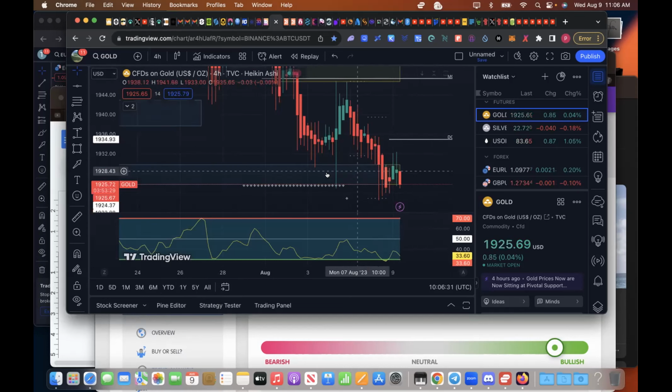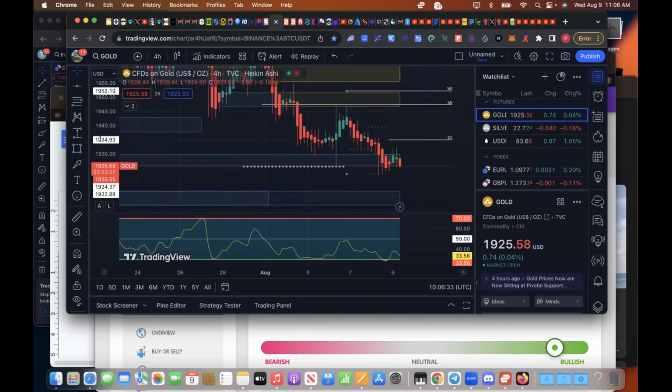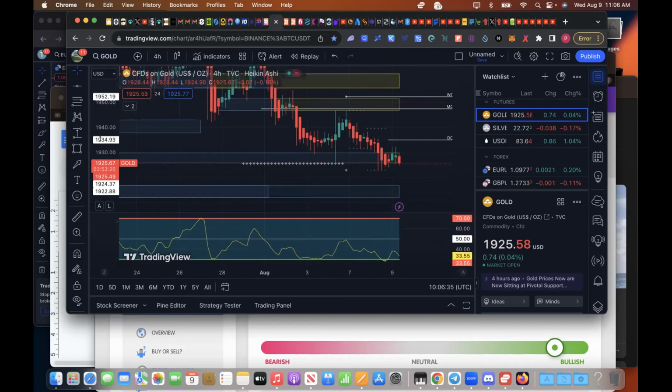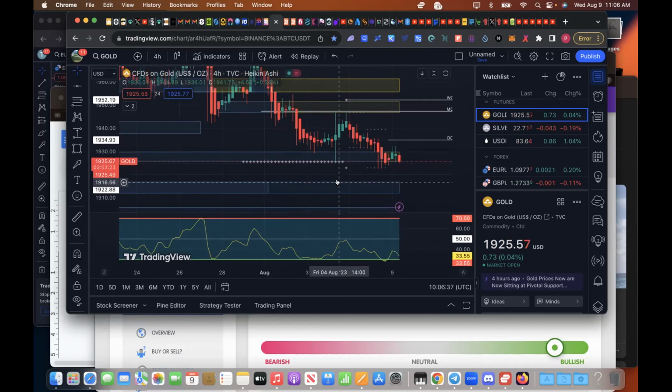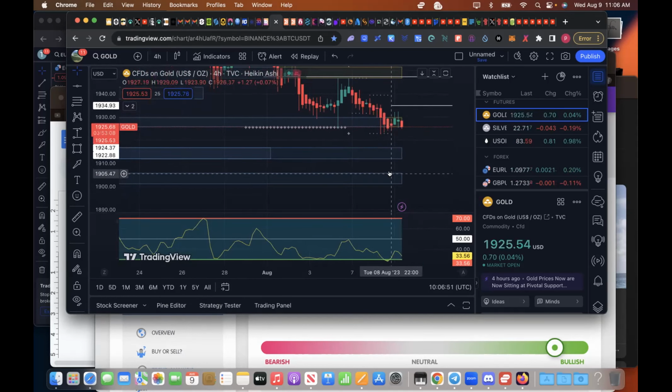And so let's go here. Gold is very risky. 1916. As far as gold has lost this momentum, 1916 is the next point of action. 1916 and 1905.